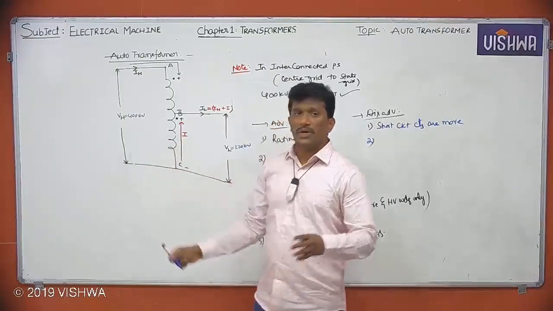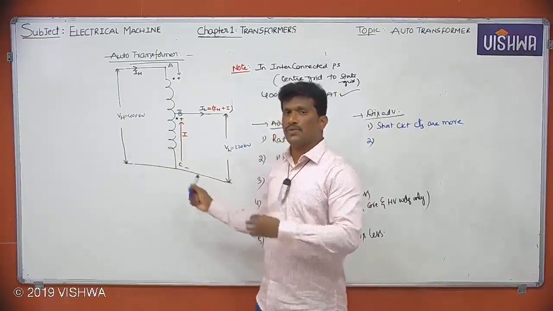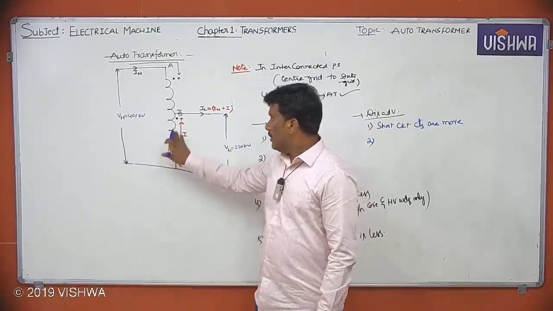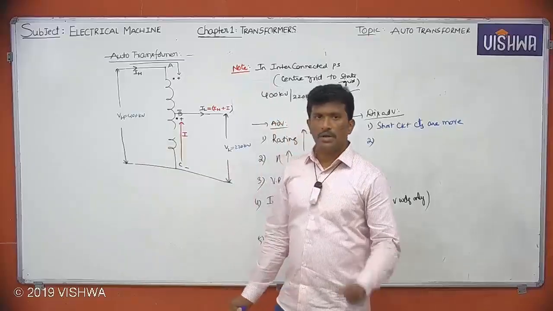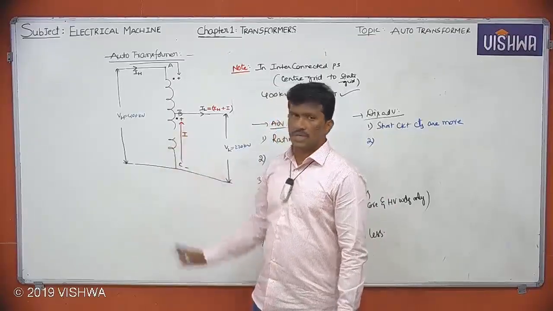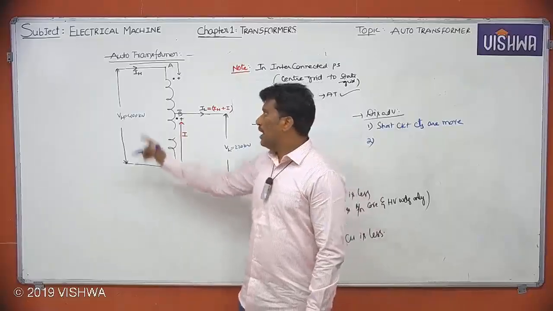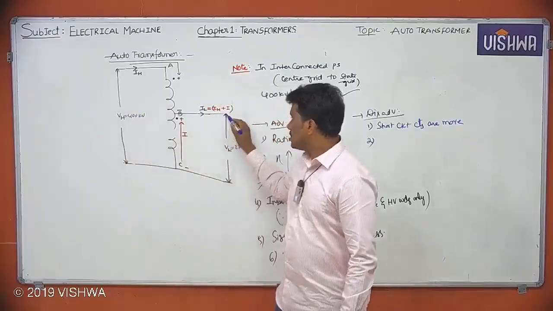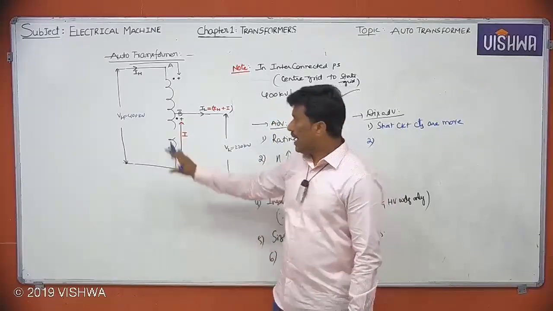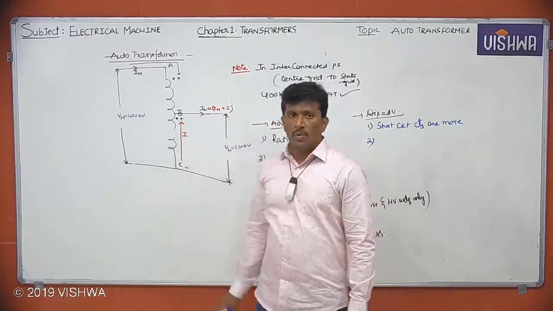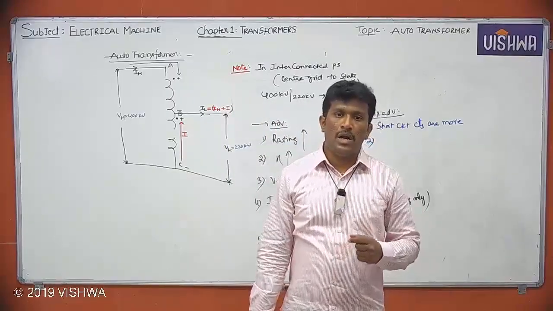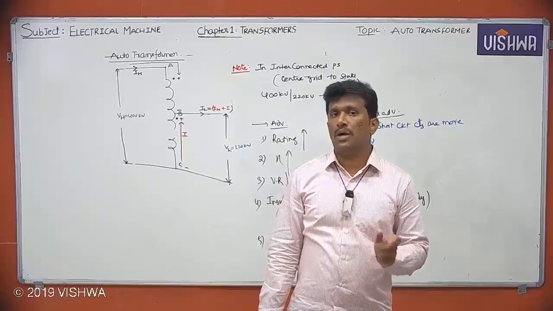If I use the auto transformer as a step down transformer, 400 kV by 220 kV, and the common winding is open circuited because of some problem, then the entire high voltage will appear across the load. 400 kV will appear here, which is dangerous to the equipment and also to the person who is operating there.